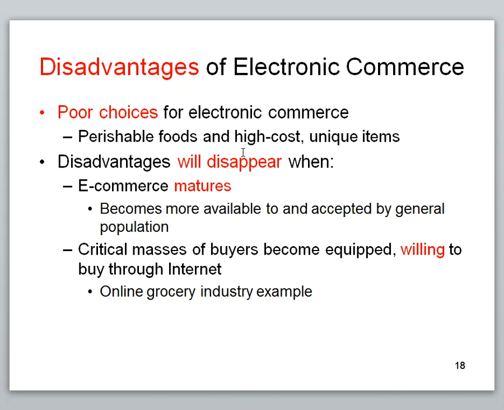Also, the textbook here says that such disadvantages will disappear whenever e-commerce is advancing, getting mature, and better systems are there, and we witness this more one day after another. Over a long time, systems become more reliable, and you can depend on systems for buying and selling and doing transactions.